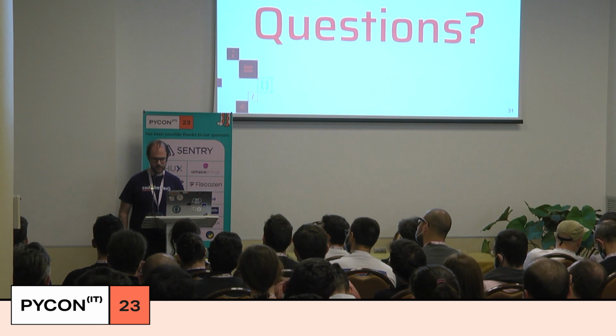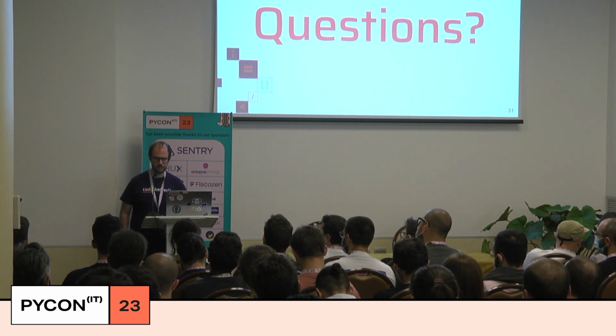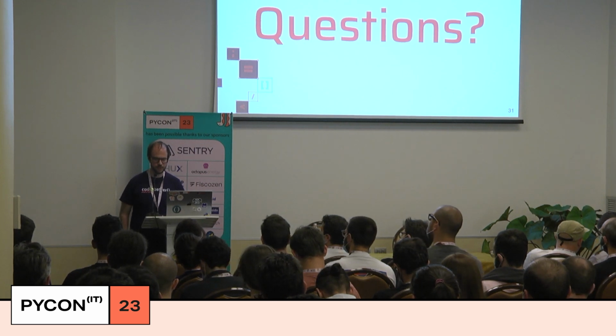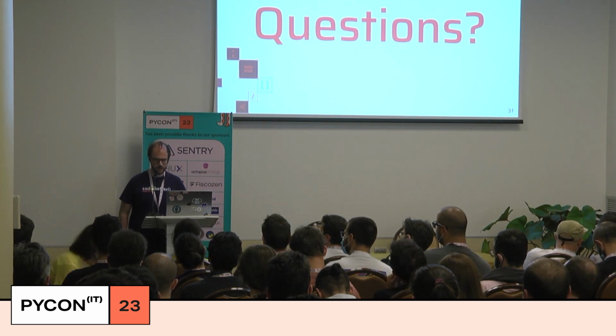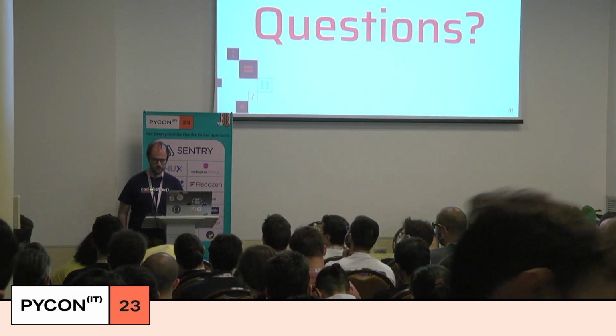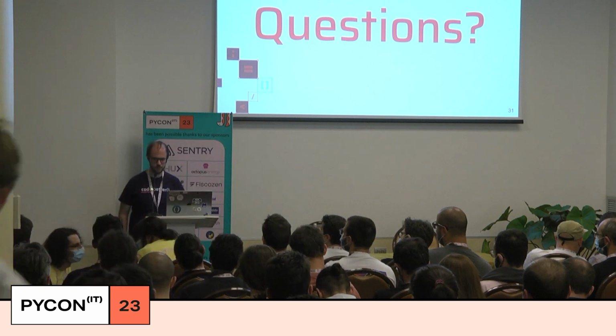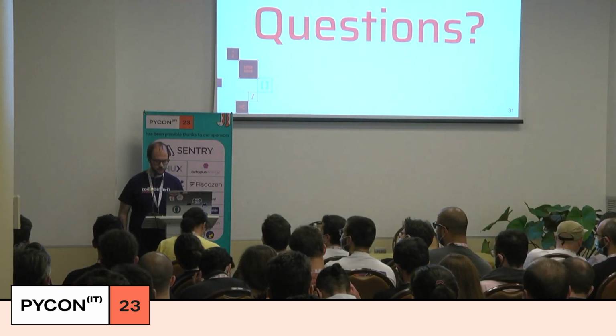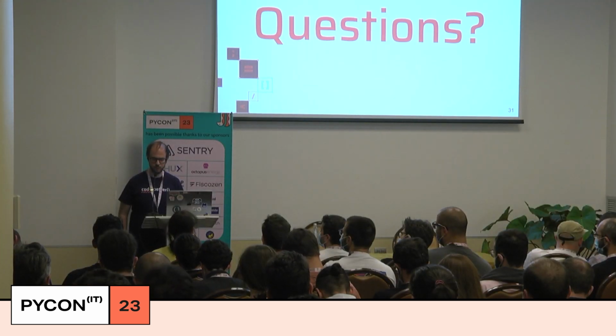Then I would also recommend tools like Black to deal with styling, which is also very useful. And I think Flake8 is also a really useful tool, with good messages and not too many false positives.